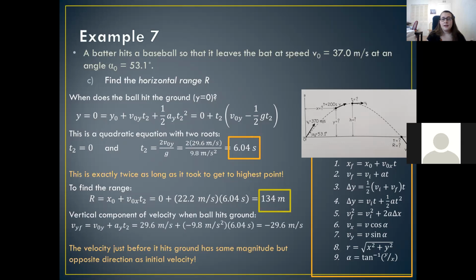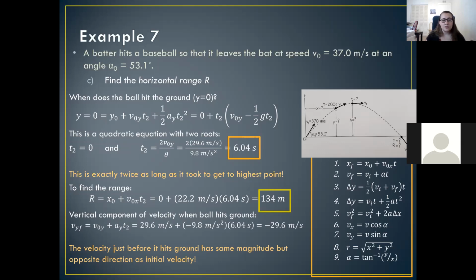Okay. And it didn't ask us to find this either, but I wanted to just point this out because I think it's an important thing to mention. If we wanted to find the vertical component of the velocity right when the ball hits the ground, we could use equation 2 to find that. Our final velocity is initial velocity plus acceleration times time.